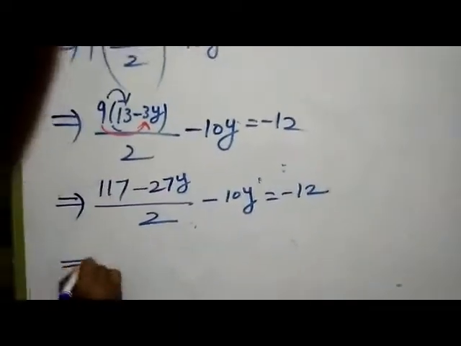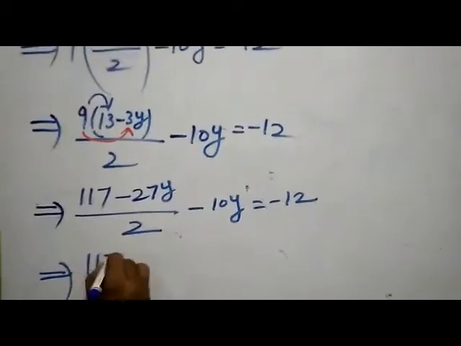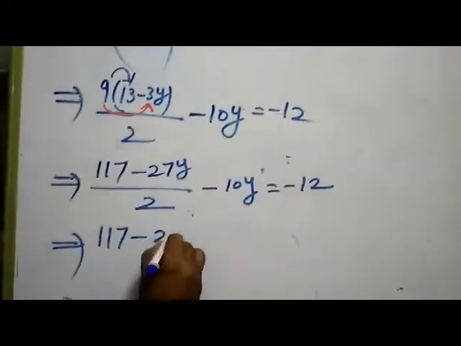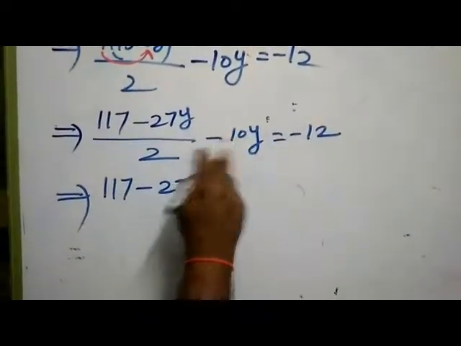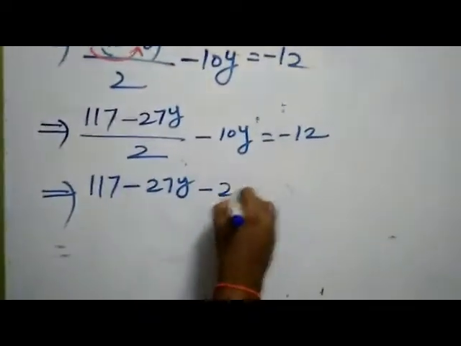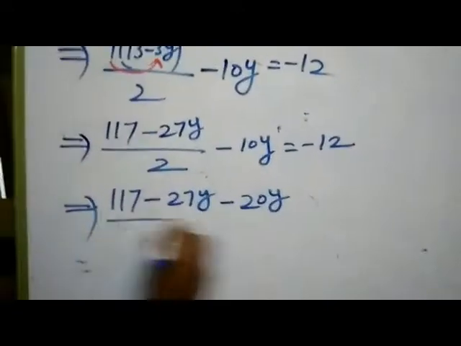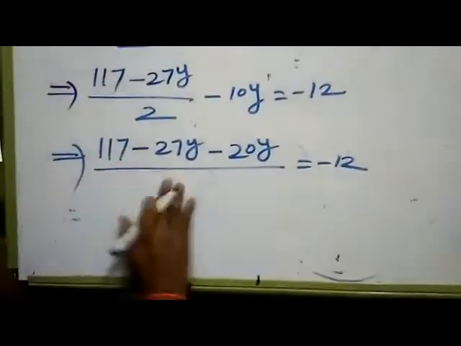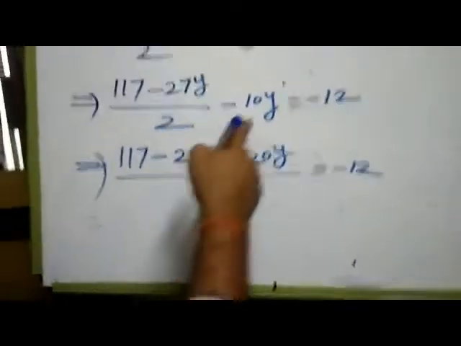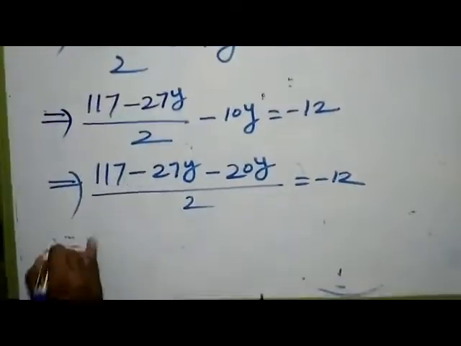So once again we have to simplify. 117 minus 27y minus 2 10s are 20, 2 into 10y is equal to 20y by 2 is equal to minus 12. Understand? This is a very, very important step.